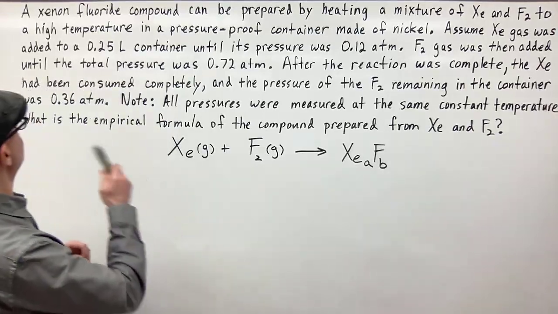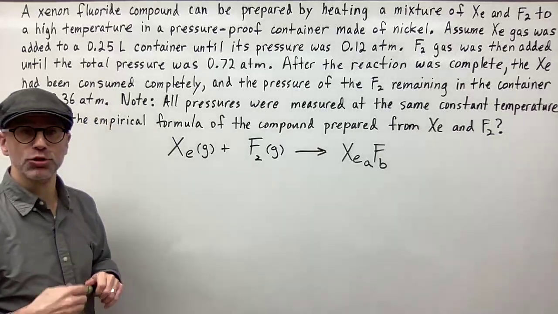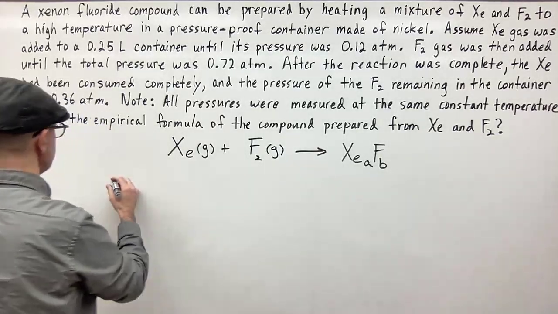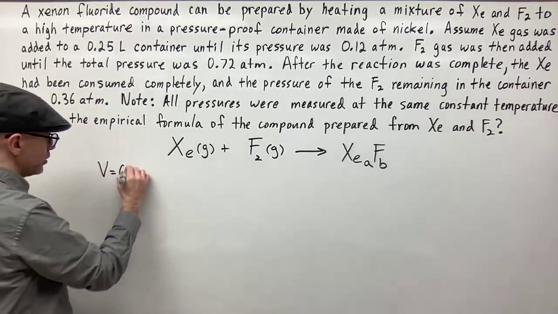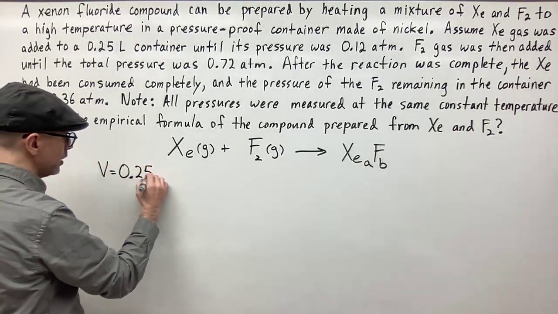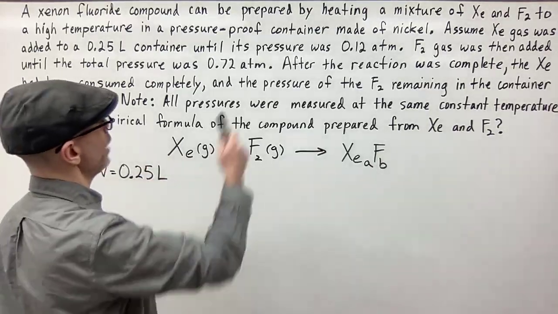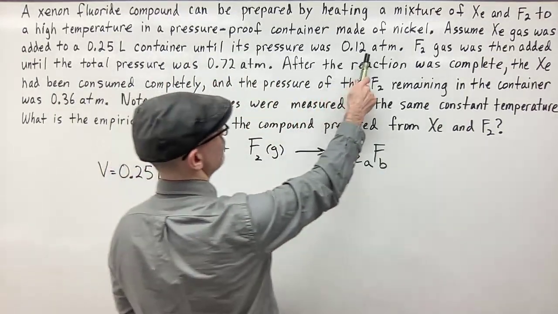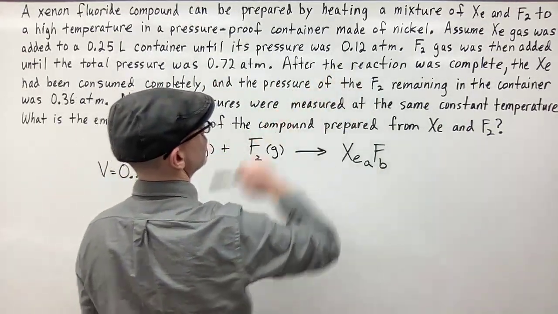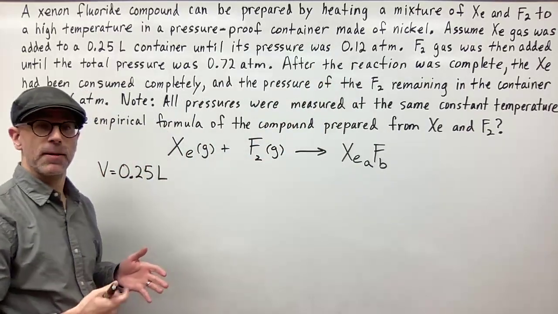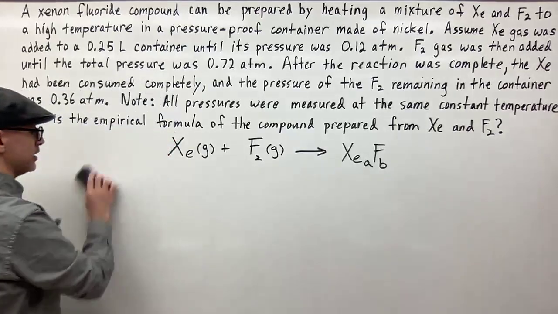So here they're giving us a volume of 0.25 liters. So we have volume is equal to 0.25 liters. Also, we're told that the pressure of the xenon is 0.12 atmospheres to start with. So if we write that down here, let me give myself some room.